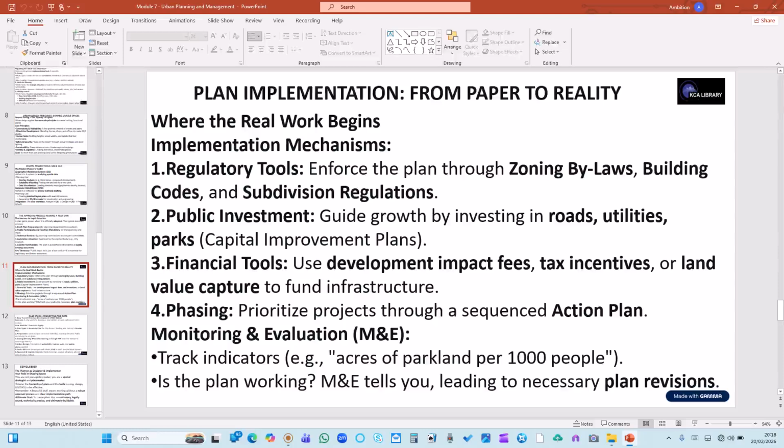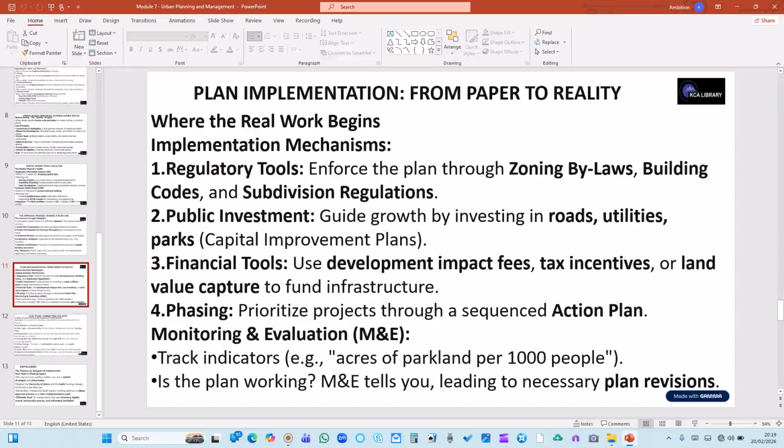Number two is public investment, which guides growth by investing in roads, utilities, and parks. Number three is financial tools, the use of development impact fees, tax incentives, and land value capture to fund infrastructural facilities.